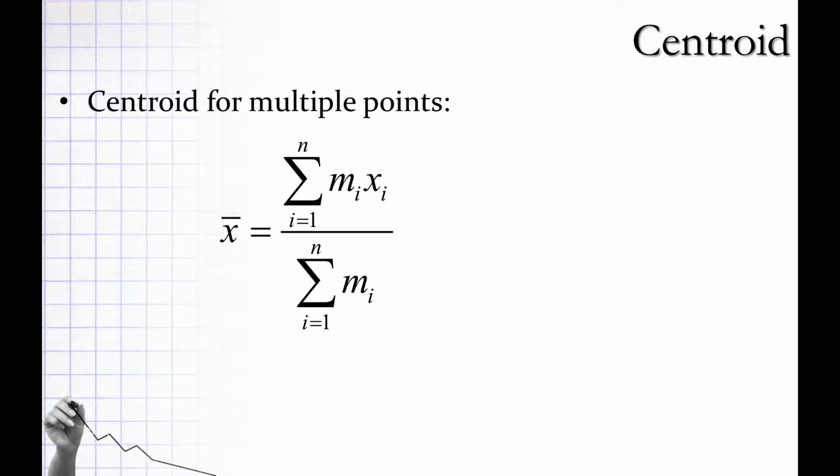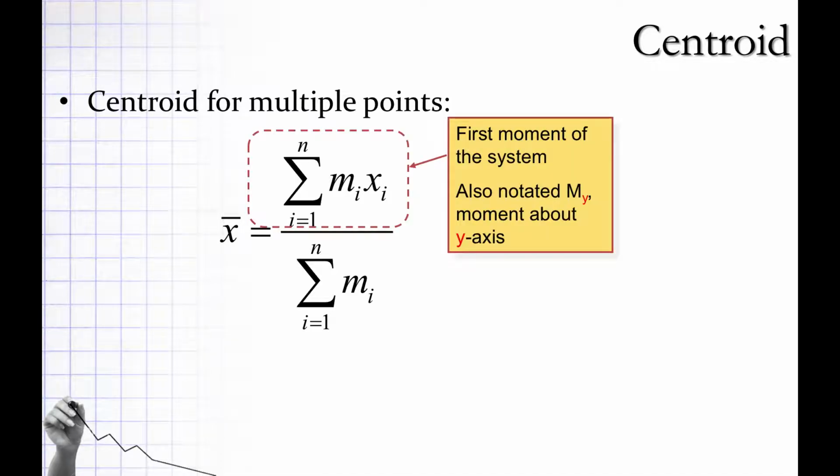We call this our first moment, but we're also going to notate it, please notate it, m sub y. It's the moment about the y-axis. We call it the moment about the y-axis because this is all of the mass times distance, where our distance is from the y-axis because we're talking about x distances. And x distances are measuring how far you are from the y-axis. So we call it moment about y.